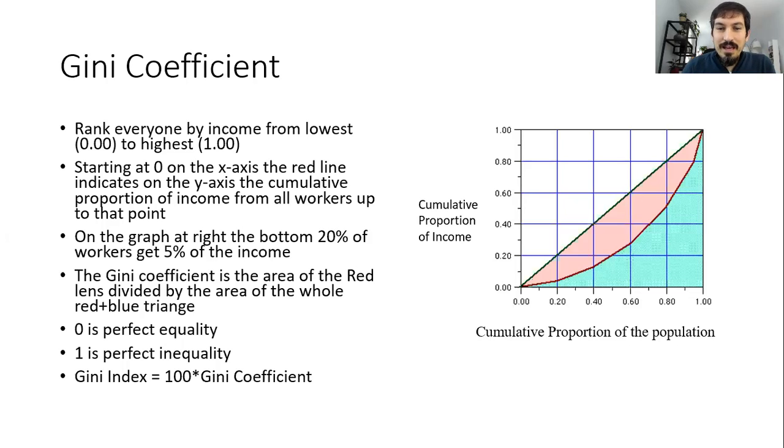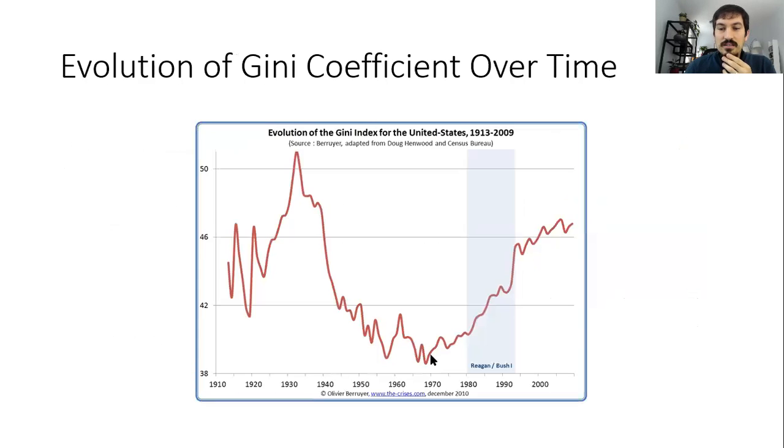Okay, but now that we have this thing called the Gini coefficient, we can look at some more data and try to figure out what's happening now. So, okay, this graph is old. I apologize, but it does say something about there was a time in our past where we were extremely unequal as well.